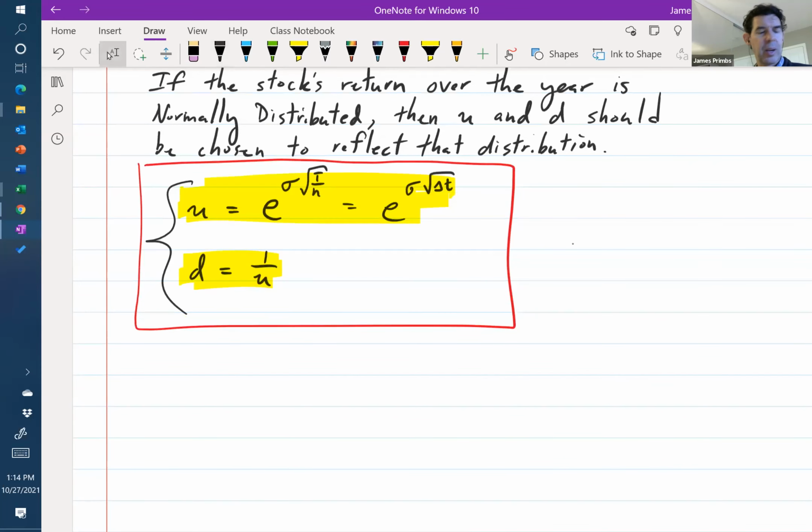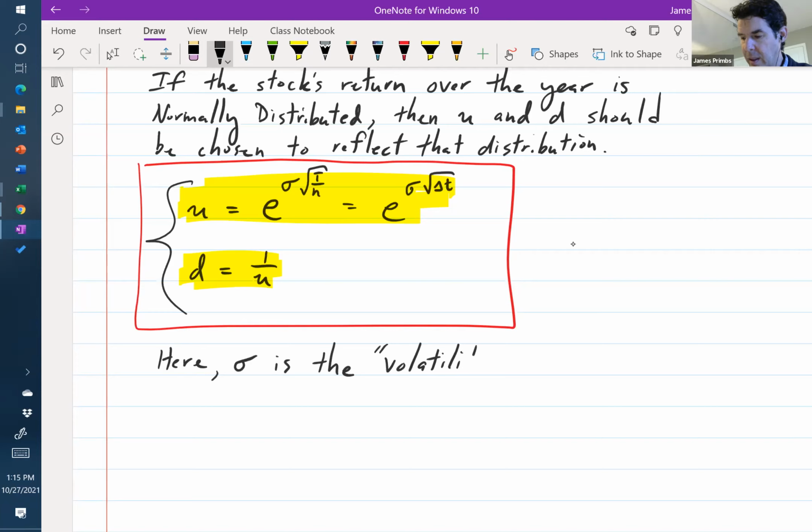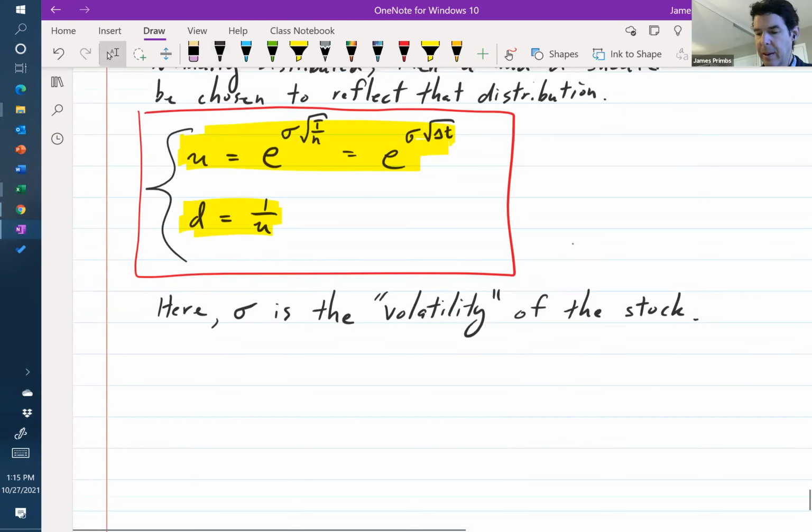All right, actually, let me write what sigma is, a couple of comments about this, and then I'll do a numerical example. So here, sigma is what we call the volatility of the stock. Okay, what do we mean by that?